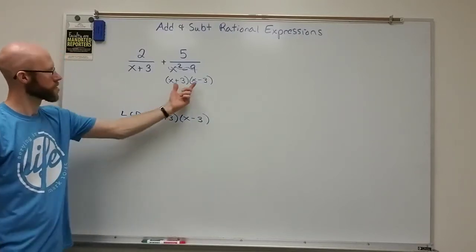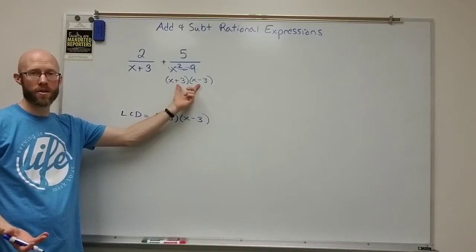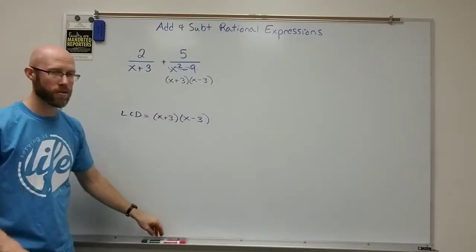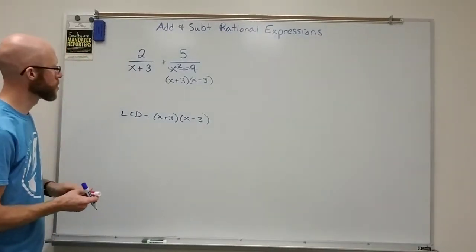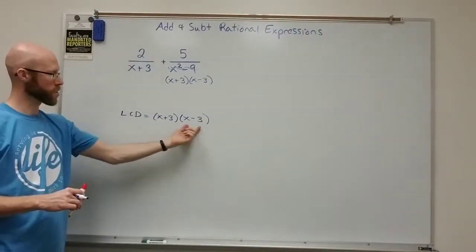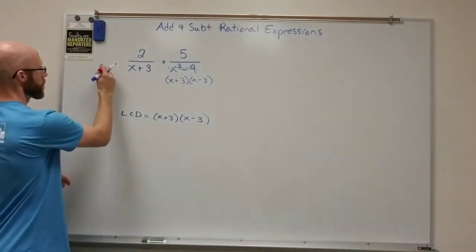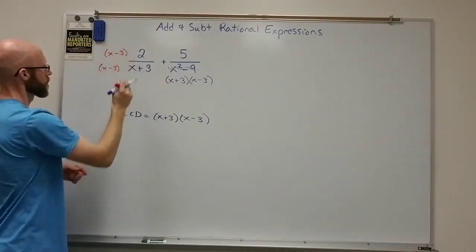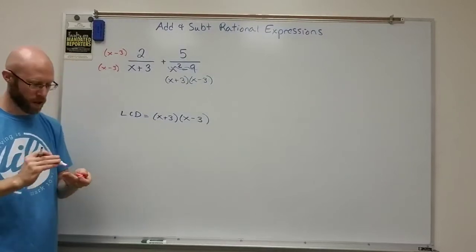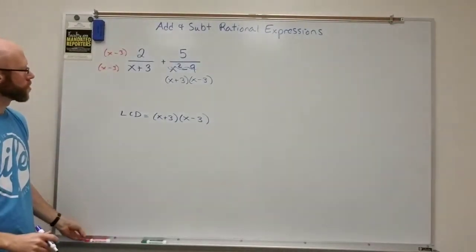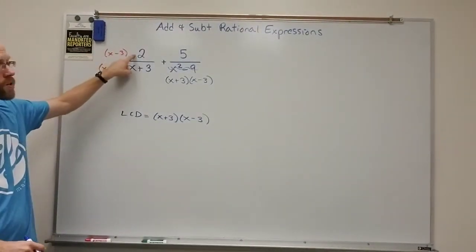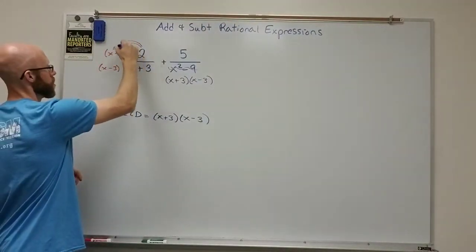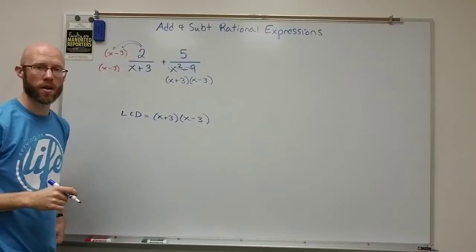And so the second fraction already has the LCD. I don't have to worry about doing anything to it. The first fraction, however, does not. So I need to multiply that by the missing factor, which is x minus 3. And if I do that to the bottom, I must do that to the top as well. And so when I do that multiplication, we're going to distribute the 2. Right? So this distributes to both of those terms.